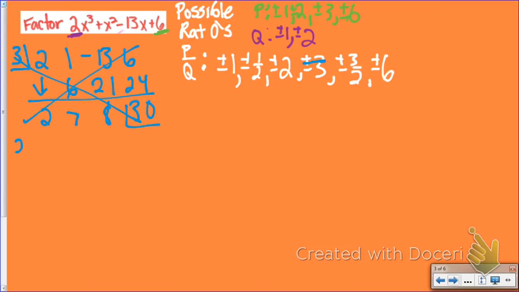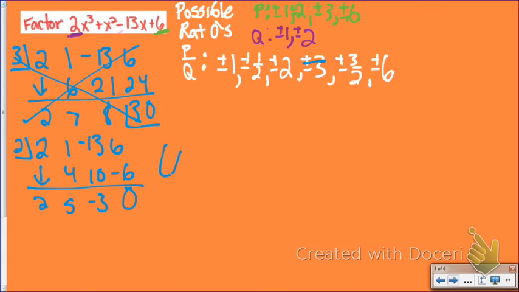Let's try 2. So let's do 2, 1, negative 13, and 6, and I'm going to do synthetic division all over again. And this time, I got 0 as a remainder. So what that means is that 2 is a 0, which means that x minus 2 is a factor. So now I just need to find the remaining factors of this polynomial.